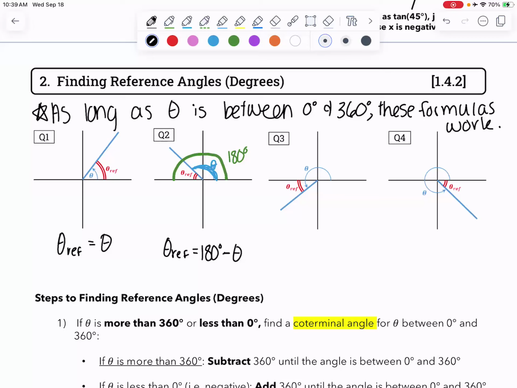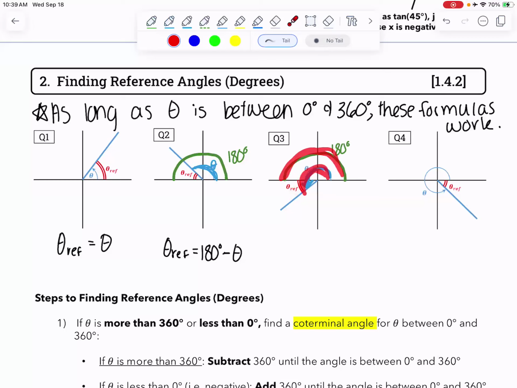For quadrant 3, I'm still going to think about this 180 degree mark here. But this time, theta is a bigger angle. So I want to find this little piece right here that's missing. This is 180 degrees.